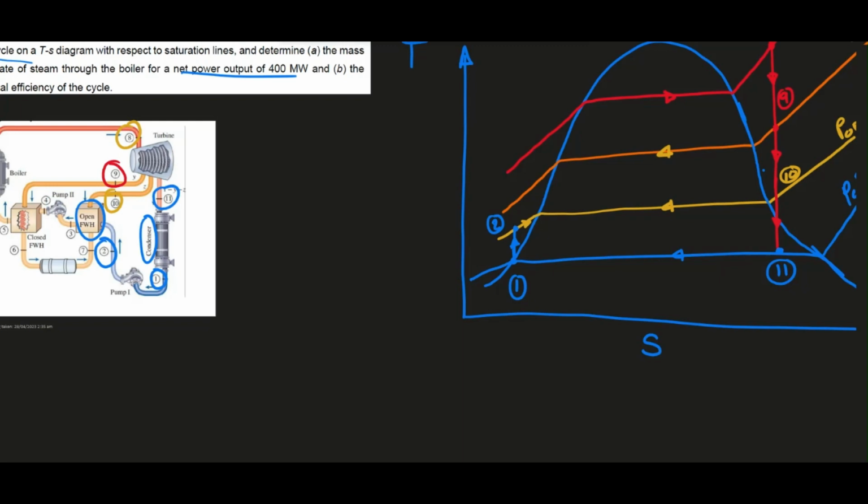Now what happens in state 2? In an open feed water heater, we have mixing that takes place. Extracted steam from the turbine mixes with water that's entering at state 2, and they all come out of the feed water heater as saturated liquid.